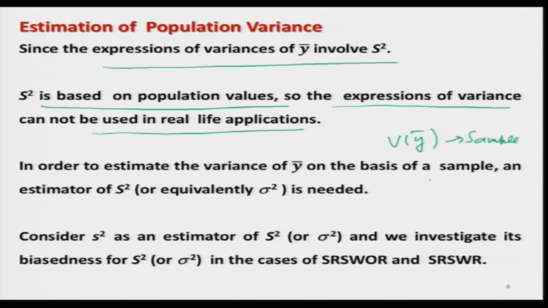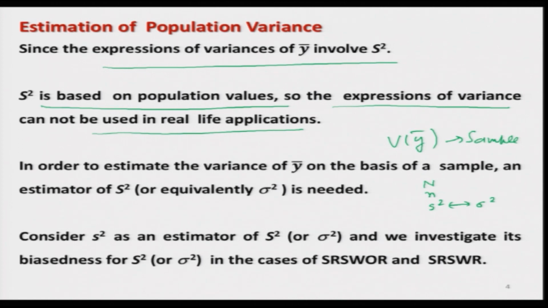I just told you that in the variance of y bar there are three quantities, small n, capital N and S square. In case of SRSWR or WOR, you can express capital S square or sigma square by any notation, they are equivalent. Either I say S square is known or sigma square is known, that is the equivalent statement.